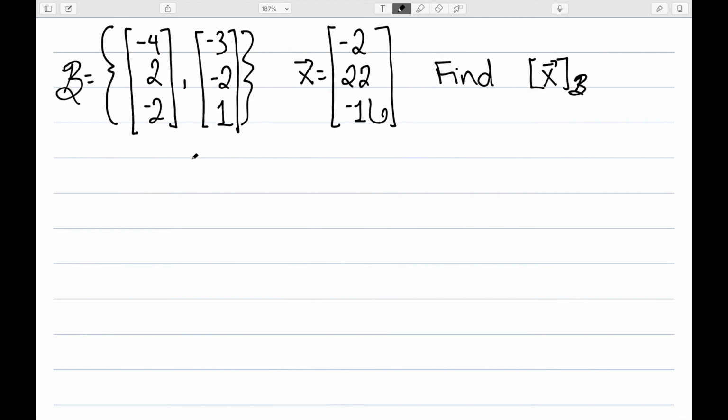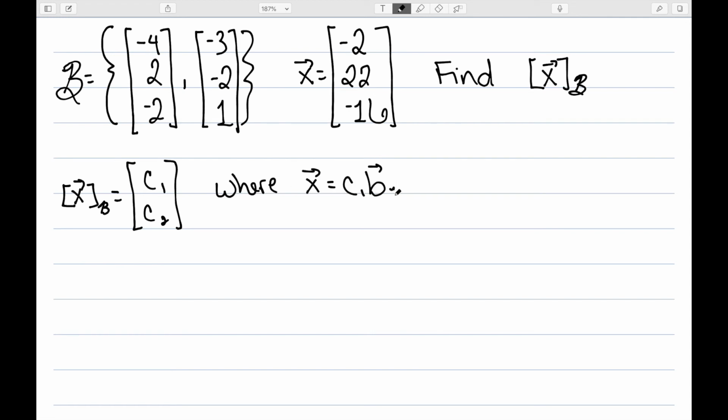This time I have a basis for my given vector space. I know x is this vector (-2, 22, -16), and I want to find x sub B. So what I'm looking for is x sub B. Since I have two vectors, this will be equal to (c1, c2), where x is equal to c1 b1 plus c2 b2. Plugging in what we know, we don't know what x sub B is, that's what we're trying to find.